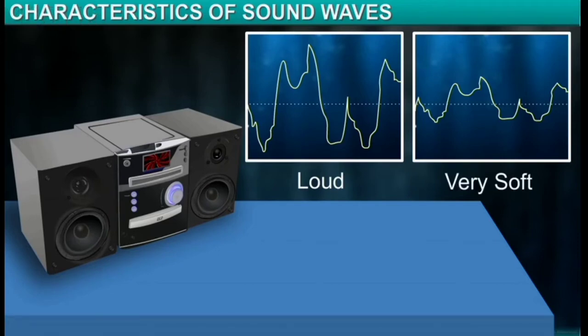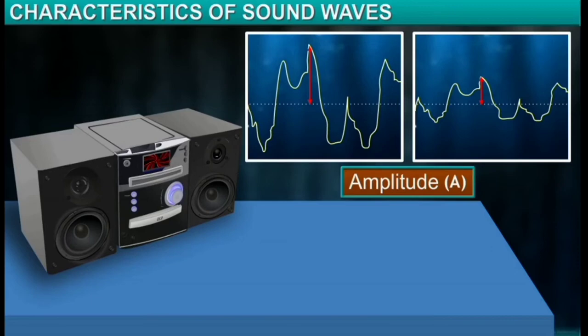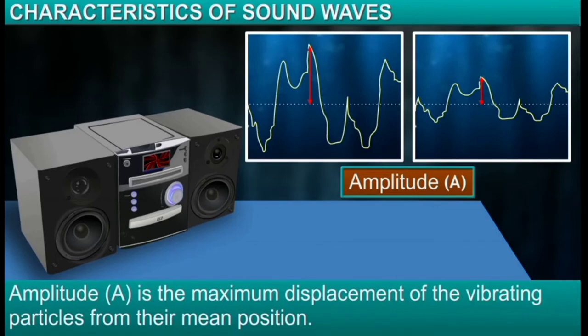What makes these sounds different? It is a characteristic called amplitude. The loudness of a sound depends on its amplitude. The amplitude of a sound wave is the maximum displacement of the vibrating particles from their mean position.